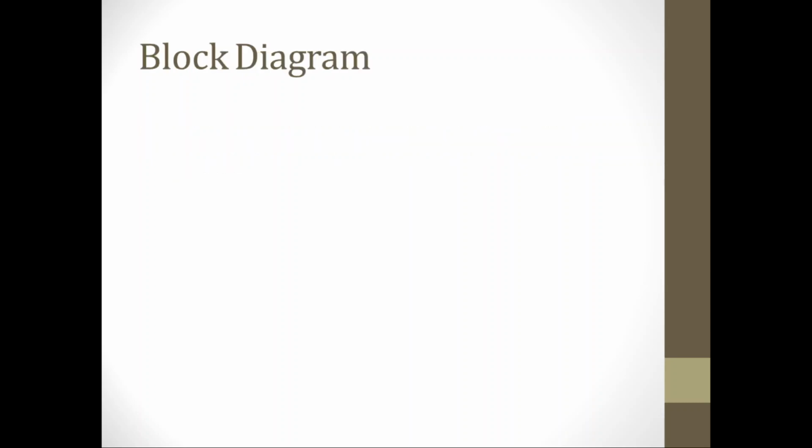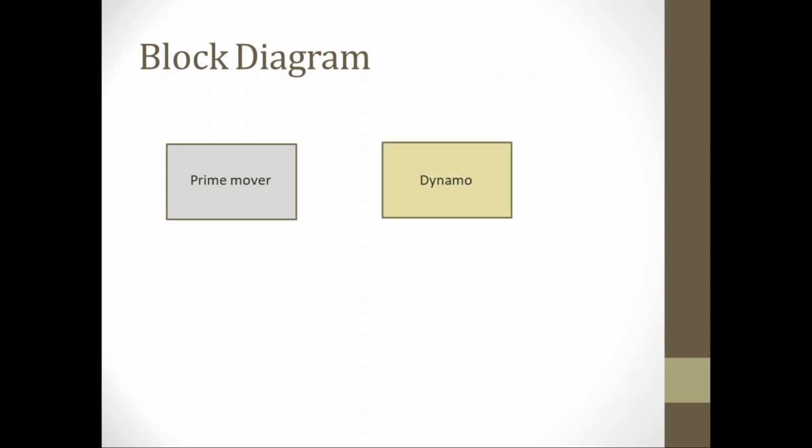A typical DC generator system consists of two major components. One is the prime mover, and secondly, the generator itself, or the dynamo. The term dynamo is a general term for direct current machines.